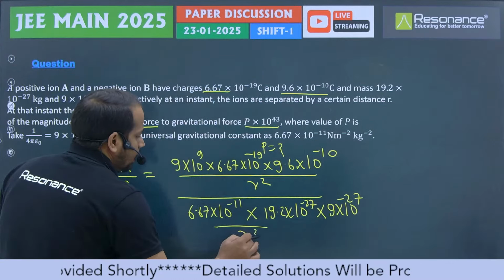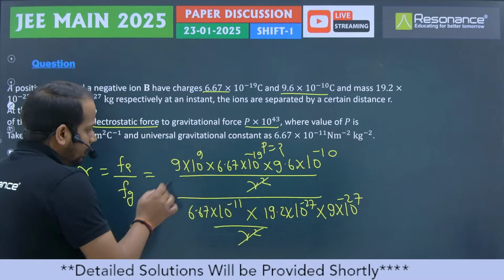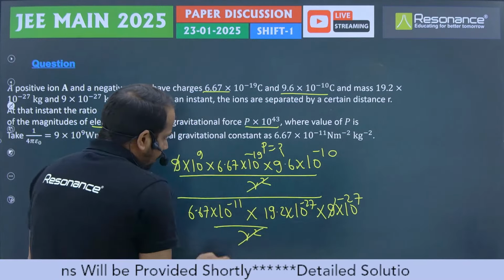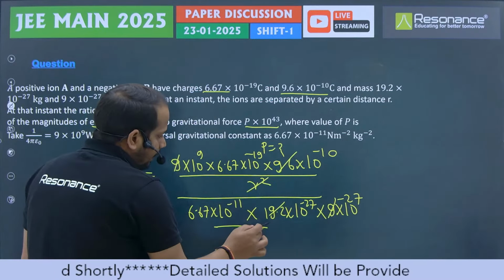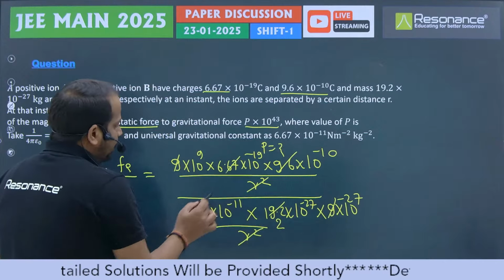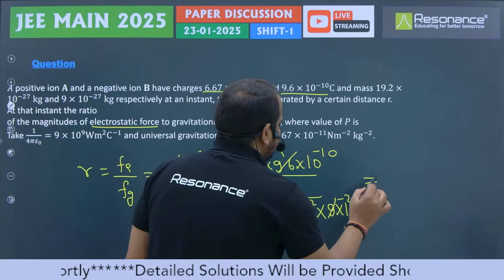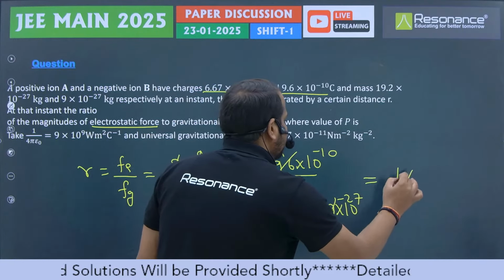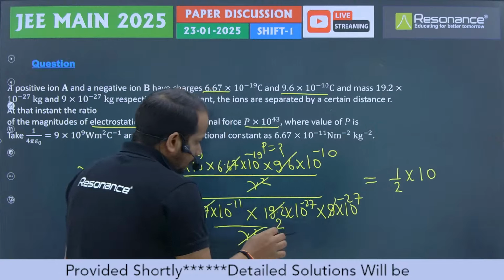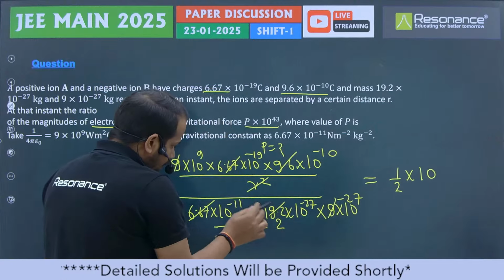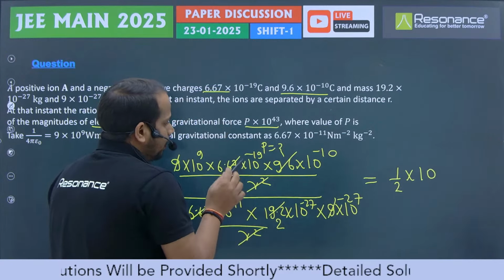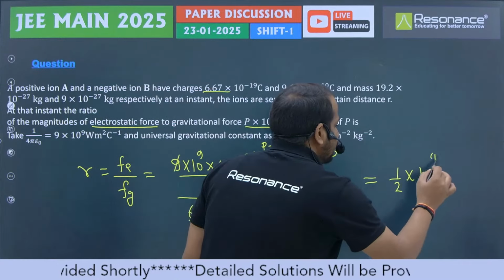So you can say the R square will cancel out. 9 will cancel with the 9, 9.6 will cancel with the 19.2 leaving 2, and 6.67 will cancel with the 6.67. So the result is 1 by 2 into 10 to the power minus 27, minus 27, minus 11, that is minus 65 plus 20, which gives 45.